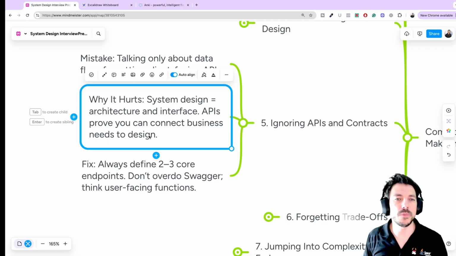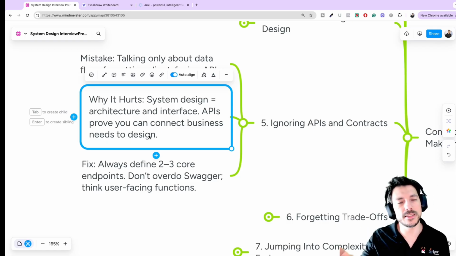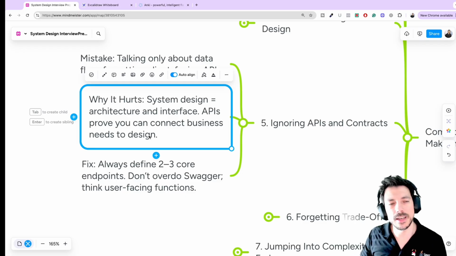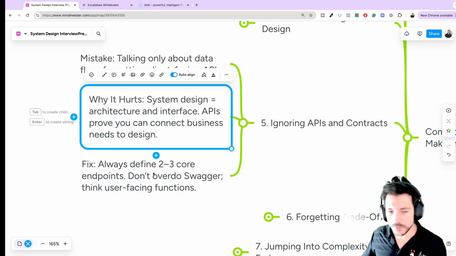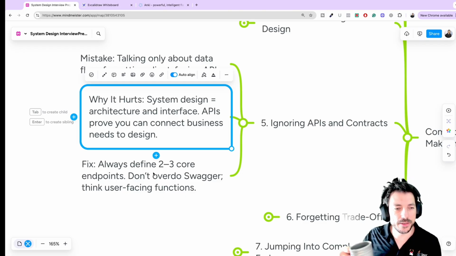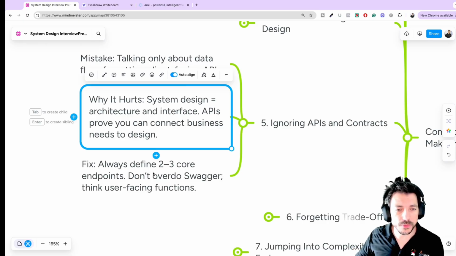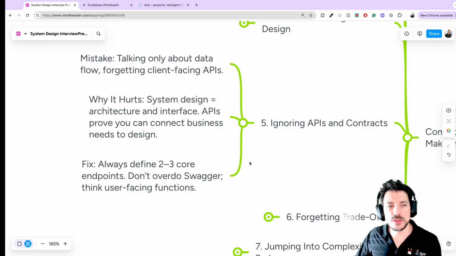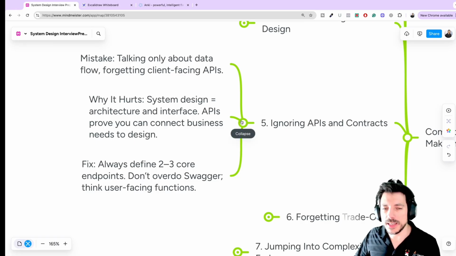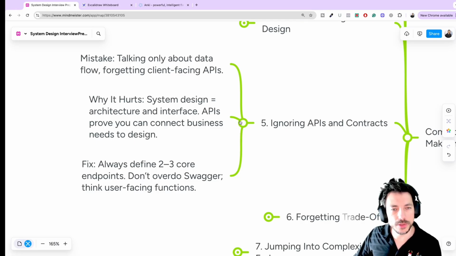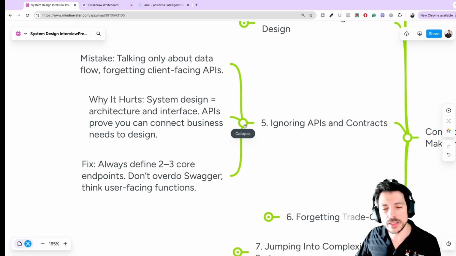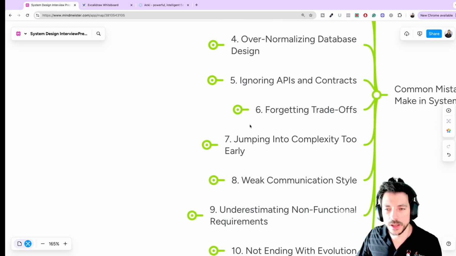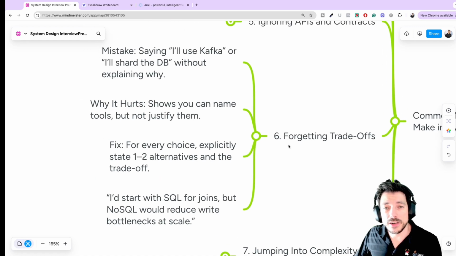Just create something very simple. Say, hey, this is the API, it's a POST API, and that's it. Very high level, right? You can define two or three core endpoints, and don't put lots of details on the APIs. The APIs are necessary to create during the interview, but you don't need a lot of detail on them. Okay? Next is forgetting trade-offs, and that's a very serious one.